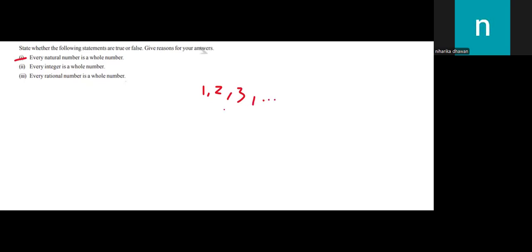Now, what are whole numbers? 0, 1, 2, 3, and so on. So, here we can see all the natural numbers. Every natural number is also a whole number. So, we can say this statement is true.